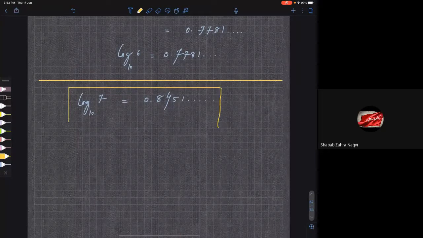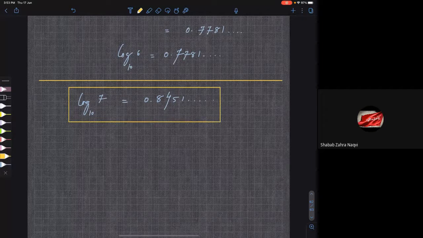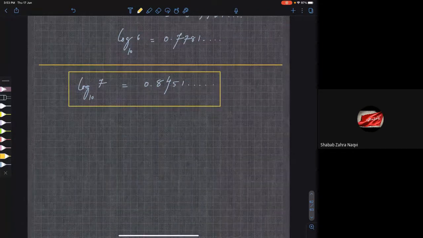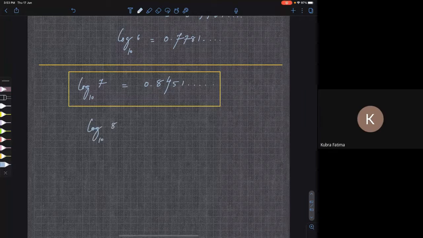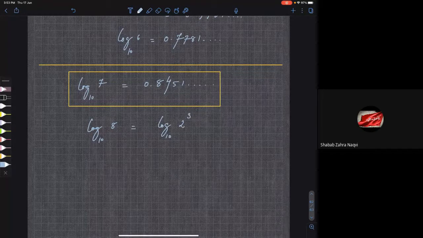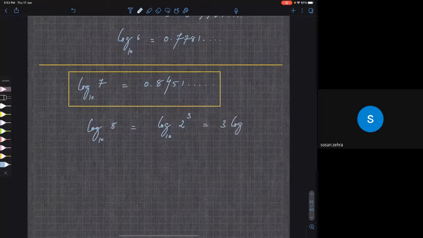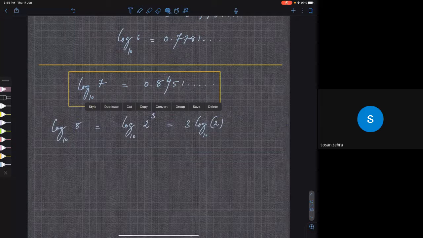8. You have 8. Do you need to remember the value of log 8? No, sir. Why? Because 8 can be written as 2 cubed. So it is 3 log 2. Clear? Yes, sir. So you know what the value of log 2 is already, 0.3010.